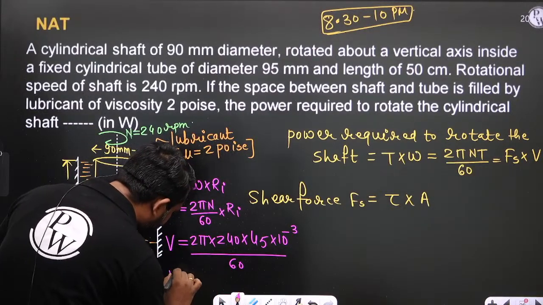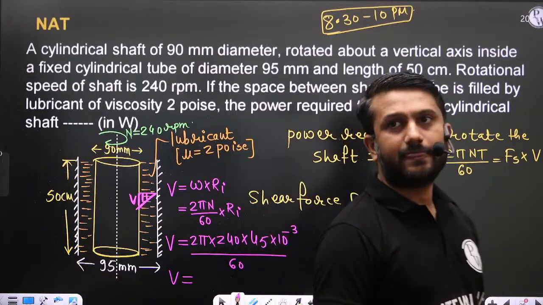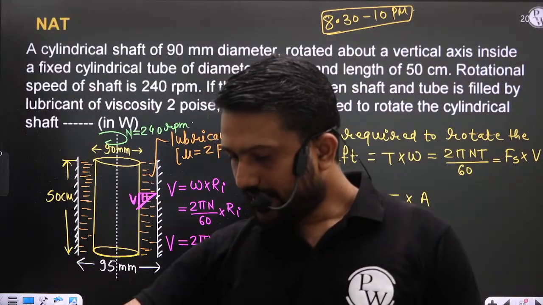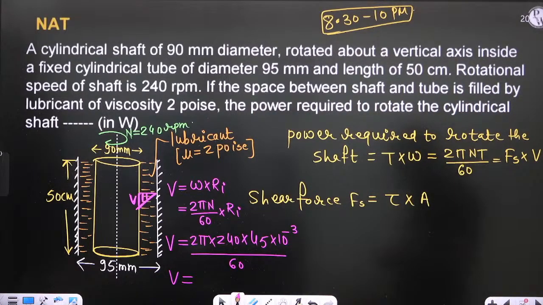So tell me what is the tangential velocity v? Can anyone tell me? 1.130. Everyone getting the same answer? 2 pi into 240 into 45 into 10 to the power minus 3 divided by 60.